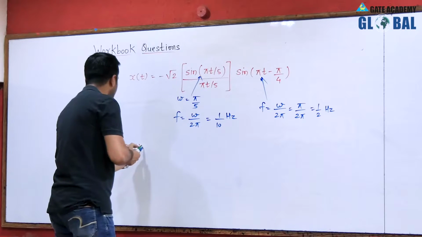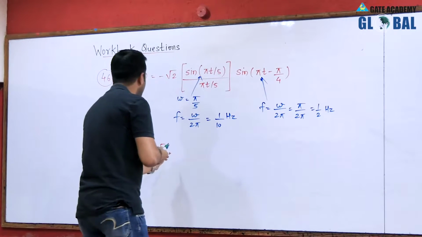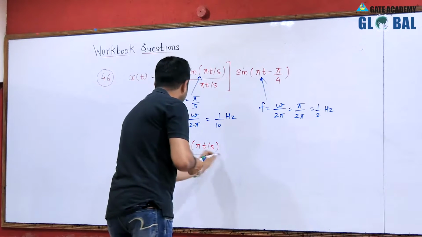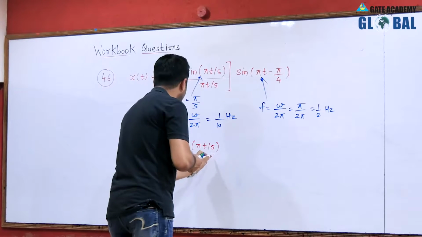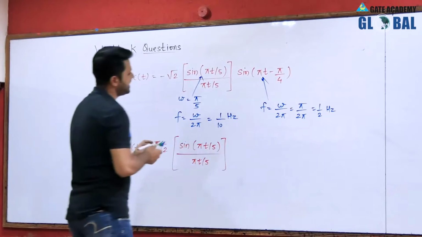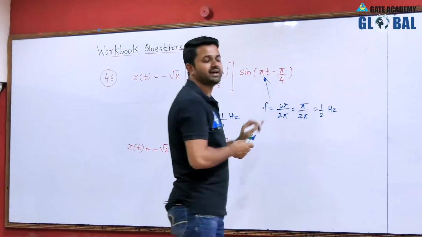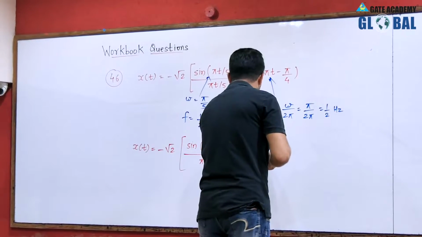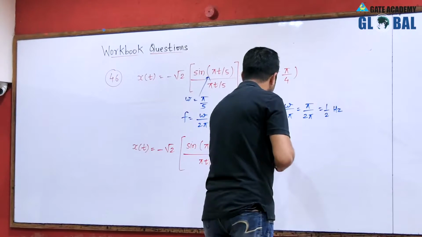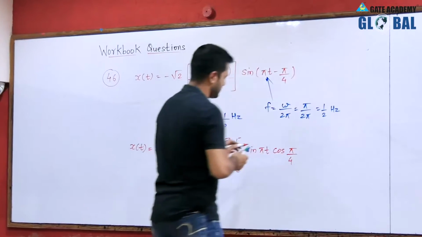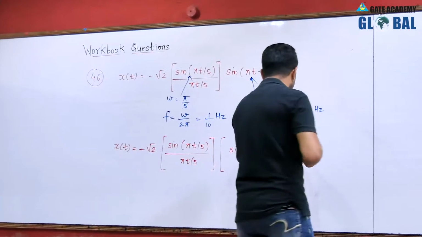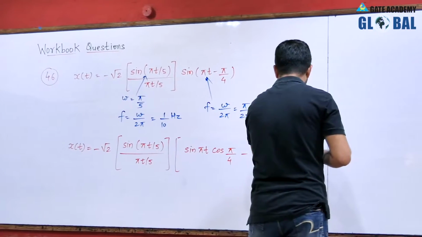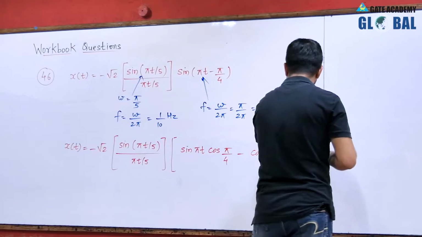This x of t equal to minus root 2 sine pi t by 5 divided by pi t by 5, and this is sine a minus b. So what is the formula for sine a minus b? Sine a cos b minus cos a sin b, that is sine pi t cos pi by 4, minus cos pi t sin pi by 4.